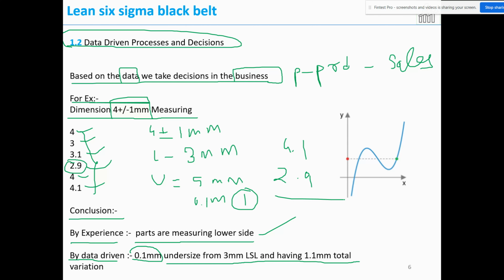So 4.9 minus 2.9, I think it's not 1.1 mm. It is 4.1 minus 2.9, 1.2 mm. So in total we say there is 1.2 mm total variation.